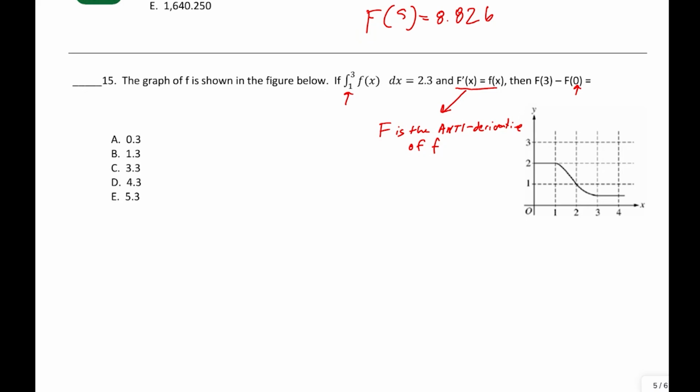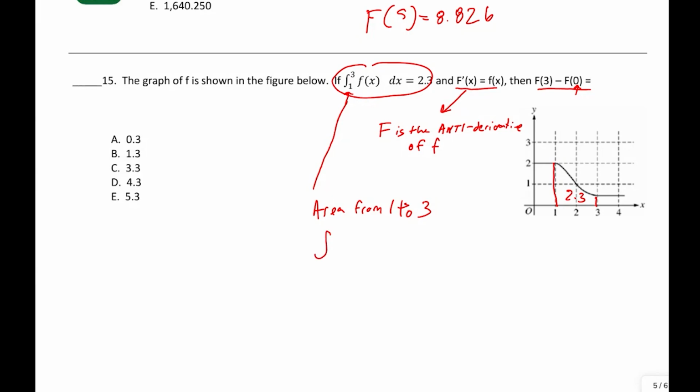All right, so basically what this is saying is that the area from 1 to 3 would be like from here to here. So that area is 2.3. And what we want is an equation for the area between 0 and 3 because we're looking for F of 3 minus F of 0.